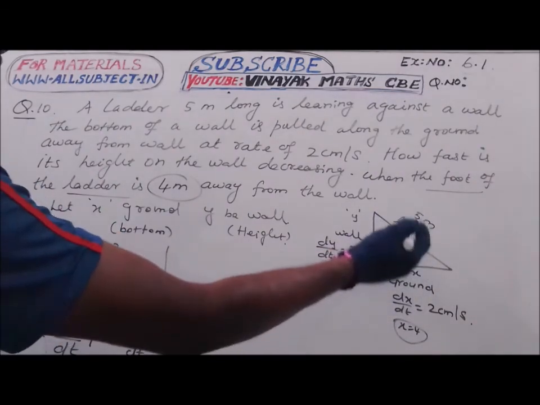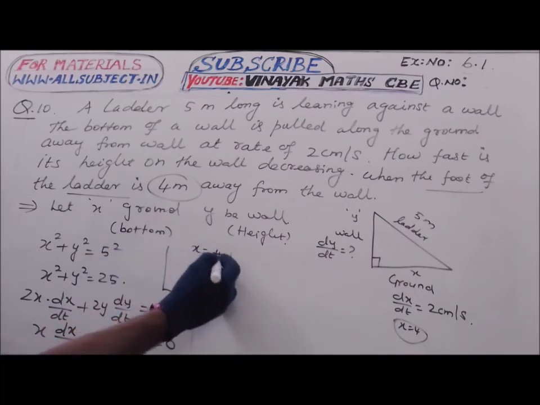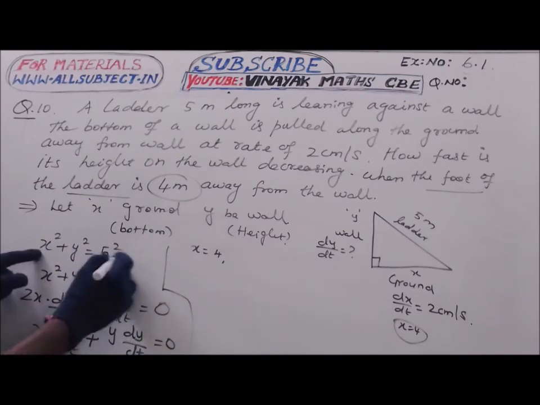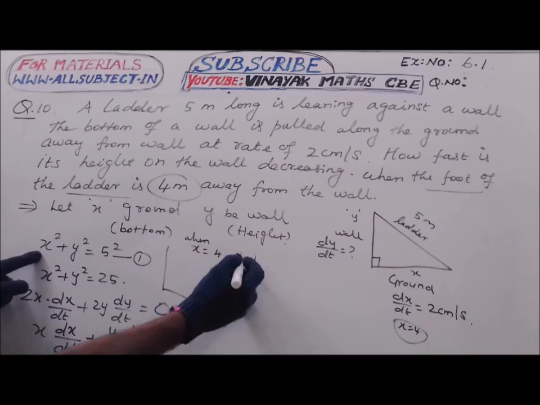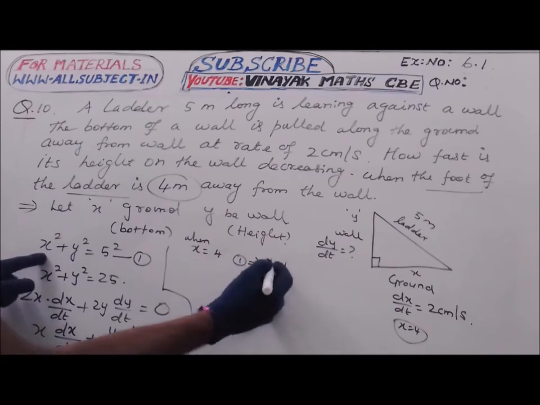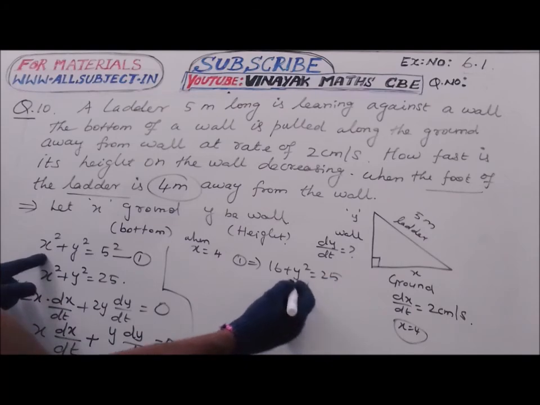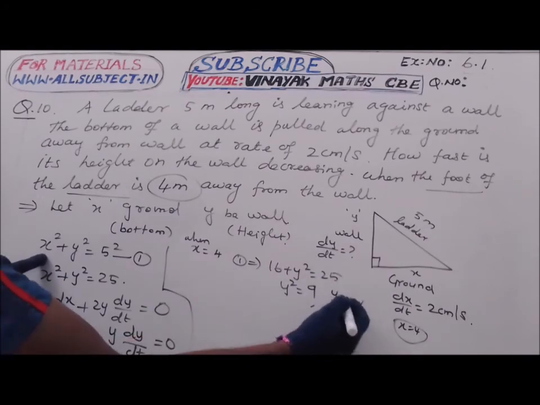Substituting x equal to 4 in x square plus y square equal to 25, 16 plus y square equal to 25, and y square equal to 25 minus 16, which is 9, which implies y equal to 3.